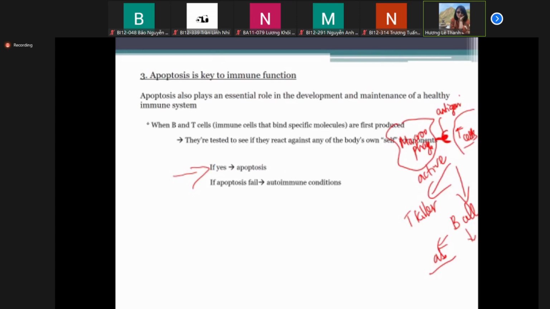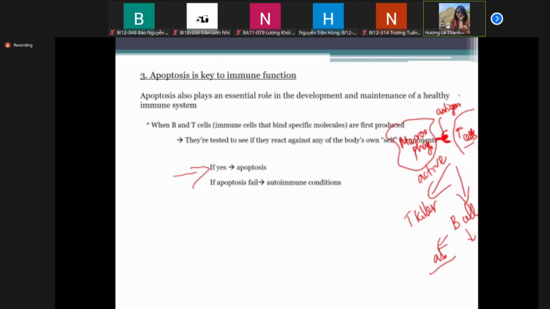Do you know what autoimmune conditions are? Have you ever heard of them? The immune system fights against the body's cells. It recognizes the body cells as foreign matter.